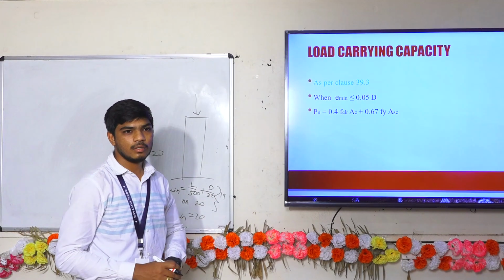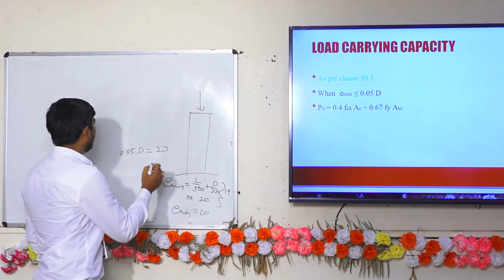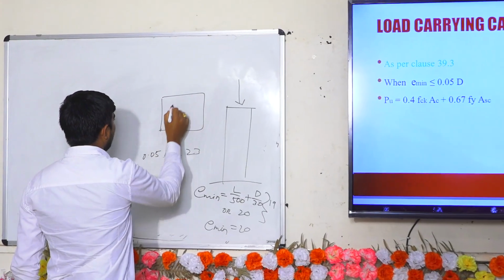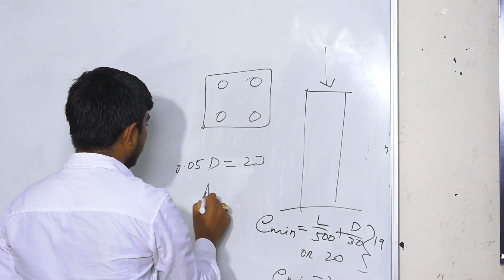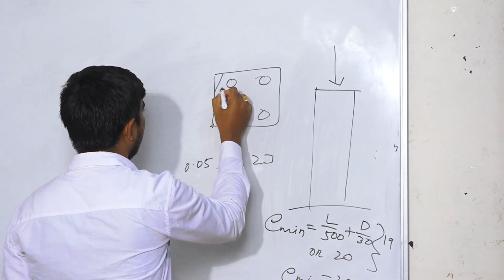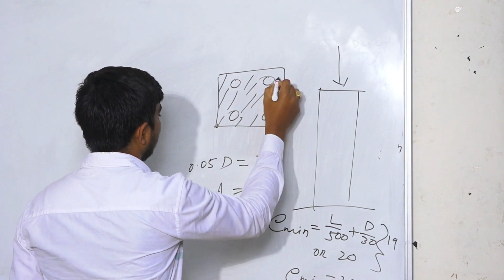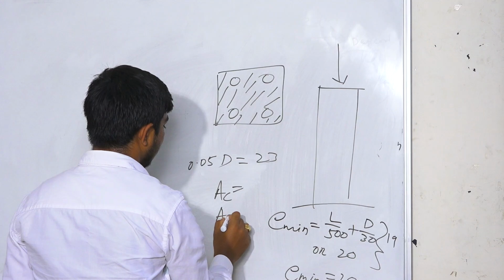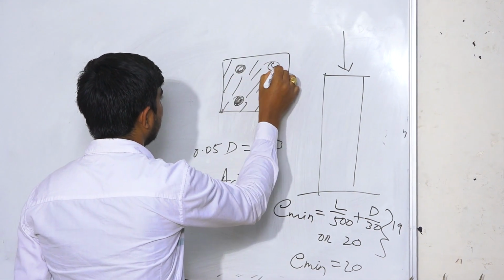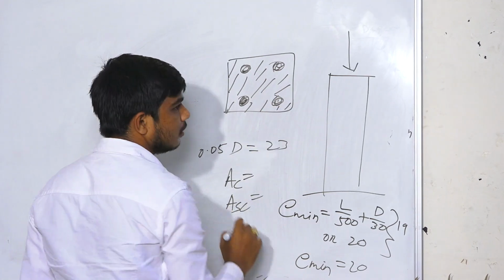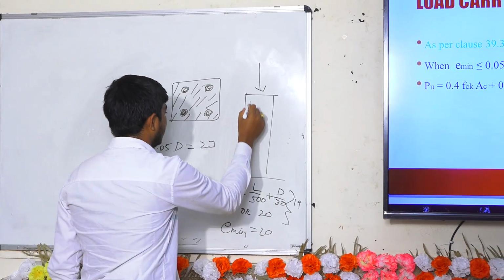fck you already know, it is the characteristic strength of concrete. Ac is, as I told you, a column contains reinforcement and concrete, so Ac is the concrete area, this area, and Asc is this reinforcement area, and fy is the yield strength of steel, the rod we are using.